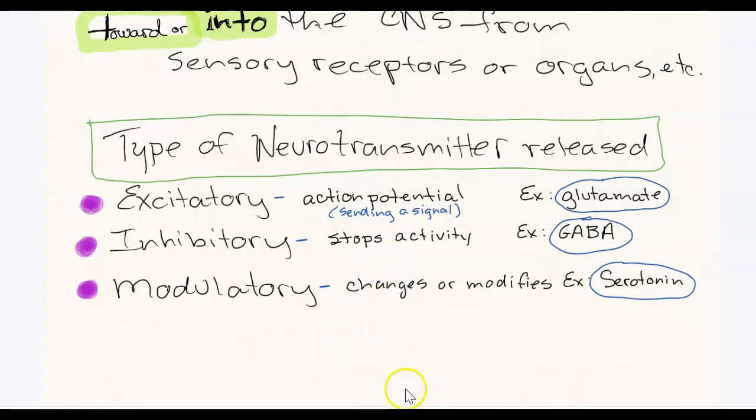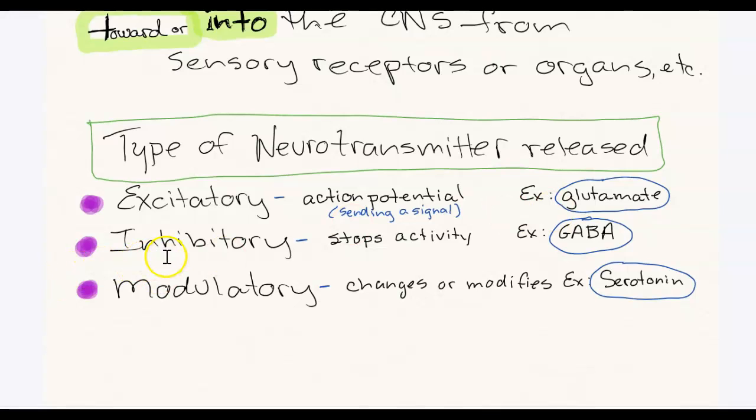We can look at neurotransmitters, and we can classify neurons by the particular neurotransmitters that they would release. They could release excitatory neurotransmitters, which are ones that are going to cause the signal to move on, to continue, and that signal we call an action potential. One example of an excitatory neurotransmitter is glutamate.